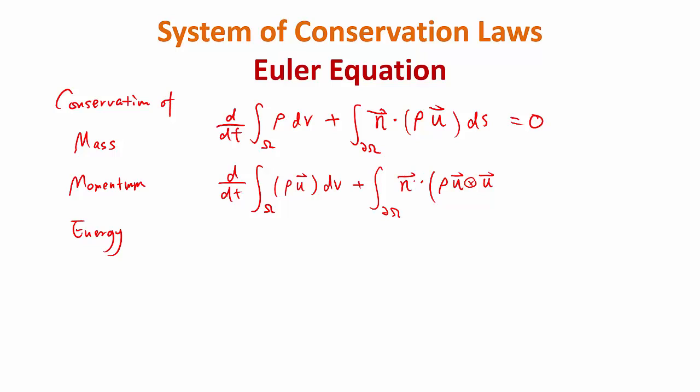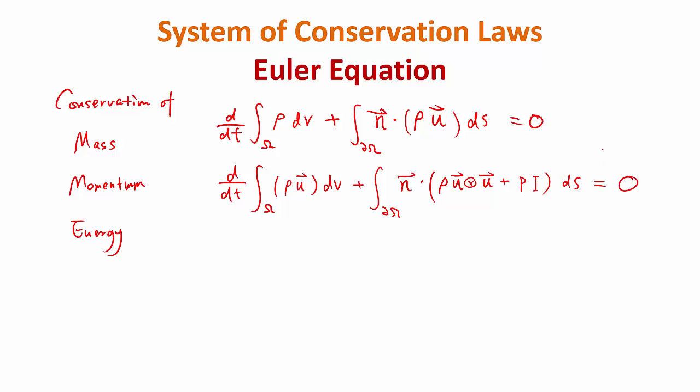So we are writing here for a 2x2 tensor, right? This is u tensor product with u. It's actually 4 variables. And also plus a pressure times an identity tensor. This is because over the surface, the pressure actually acts as a force that contributes to the change of momentum within the control volume.